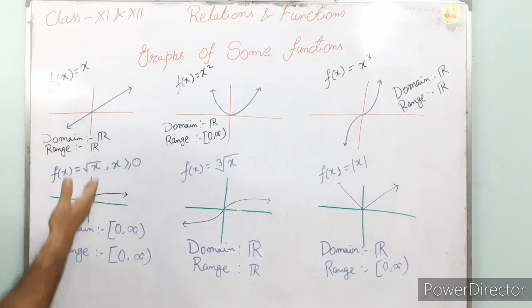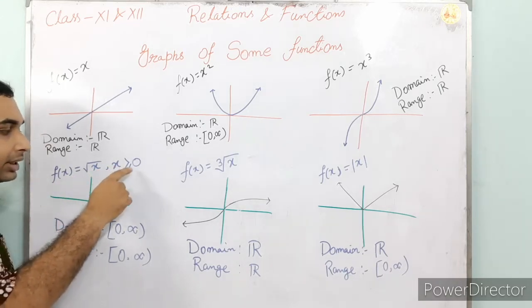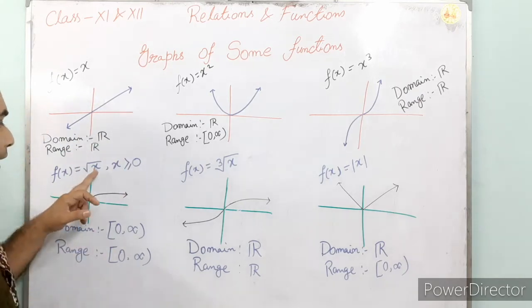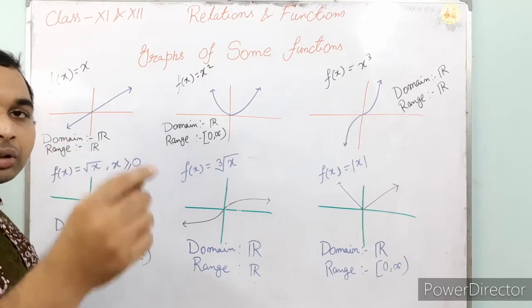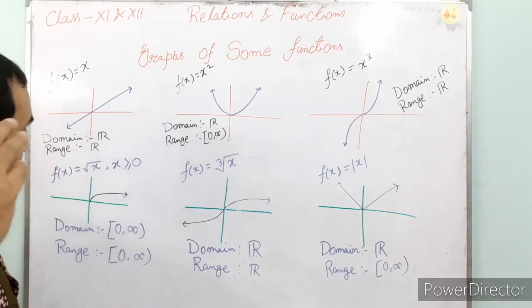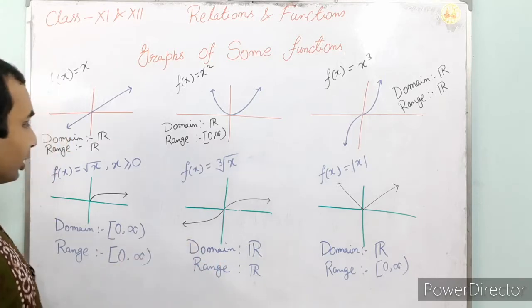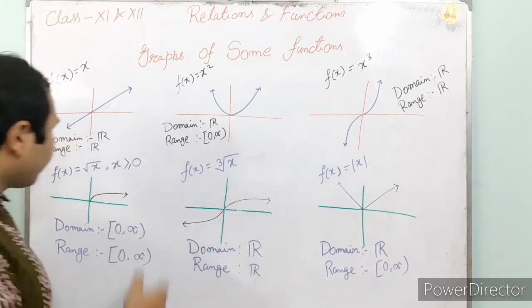Now let us come to x to the power half. Here root x, x is greater than or equal to 0. One condition is there, because if there is a negative sign under the root, then you know it goes to the complex plane. Here we are studying real functions, so obviously we have to take x greater than or equal to 0.